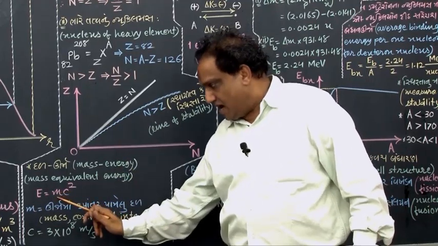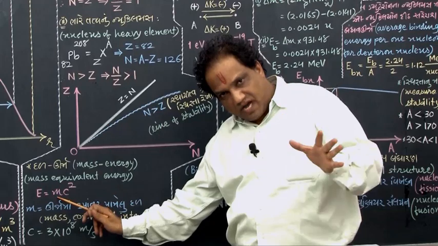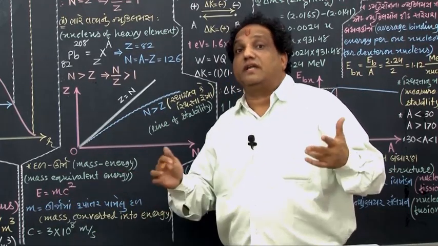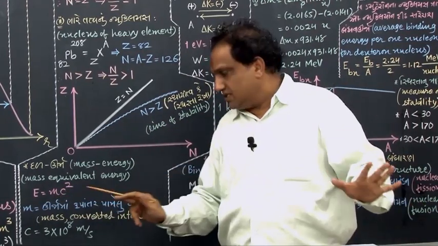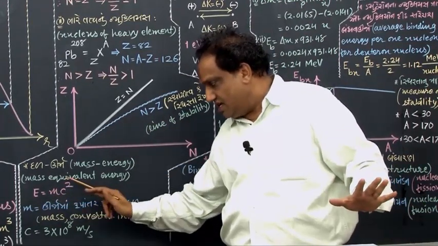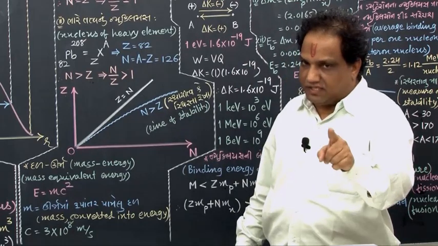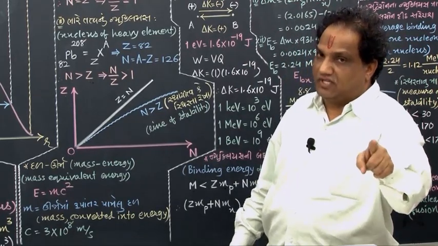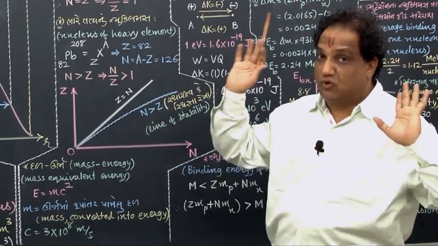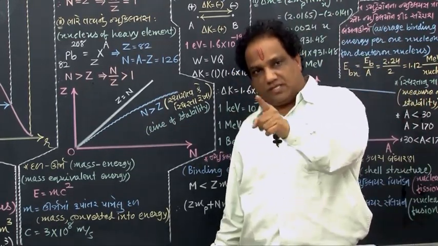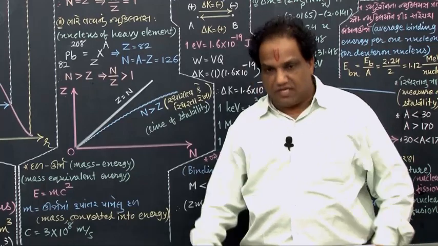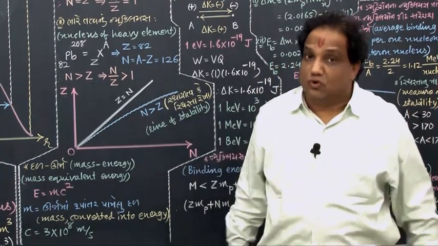At that time this mass you may call simply mass or you may call it mass energy, because this much mass means this much amount of energy. M amount of mass and mc squared amount of energy, both of them are equivalent to each other.